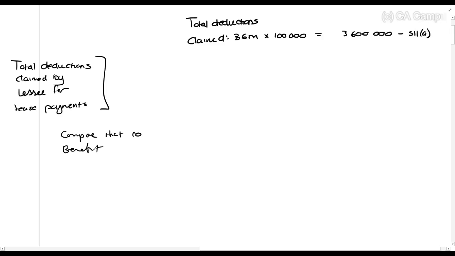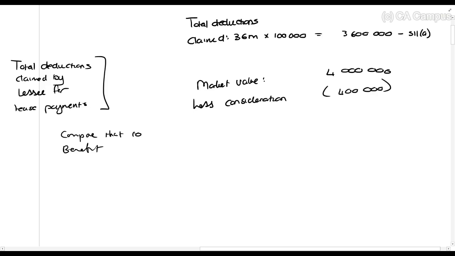Now, at the end of the lease, so the lease now ends, now you ask, what is the arm's length value? The arm's length value of this asset is its market value of 4 million rands. Less how much did you pay for it? They tell you that you've only paid 400,000 rands for it.